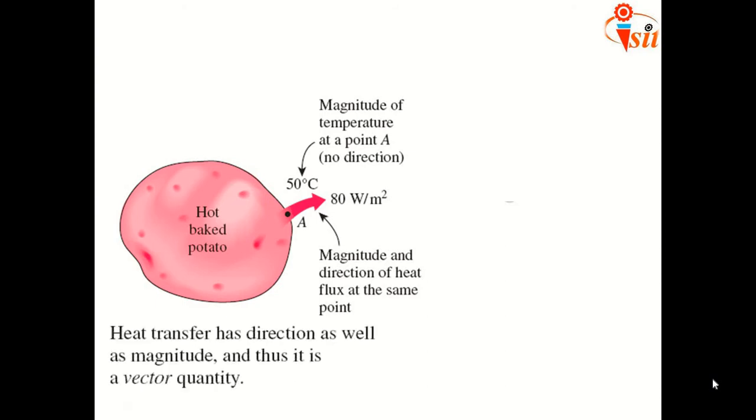Heat transfer has direction as well as magnitude, and thus it is a vector quantity. Even though they depend upon each other, whenever there is a temperature difference, heat is transferred from one place to another, from the high temperature region to the low temperature region.